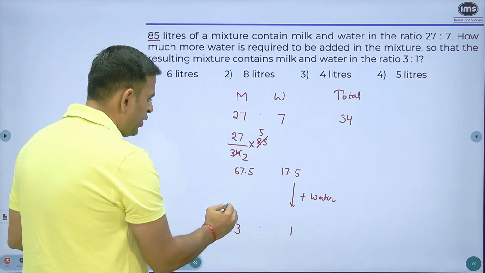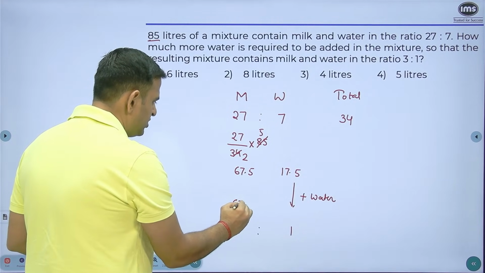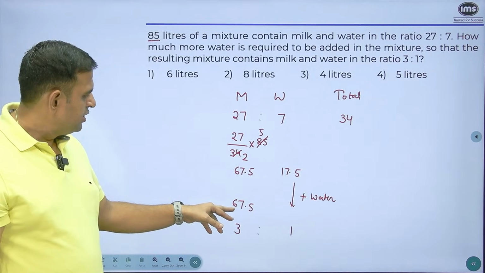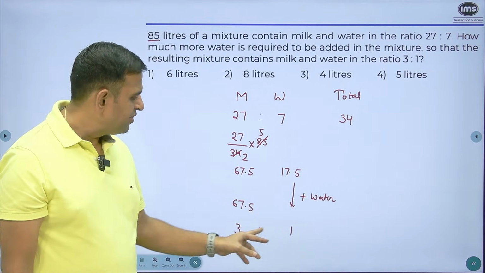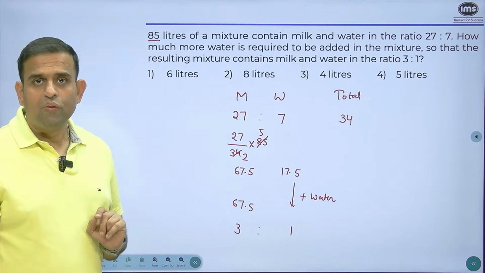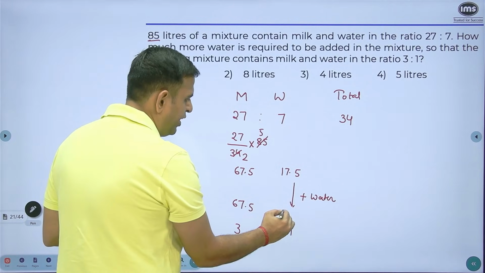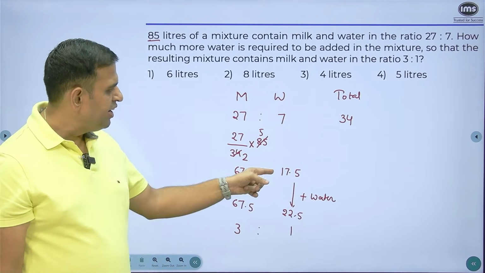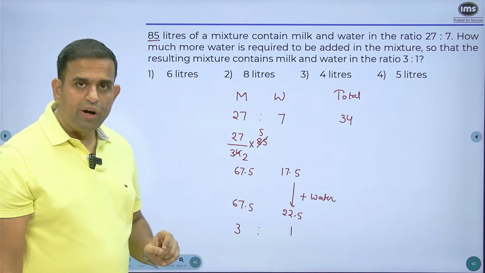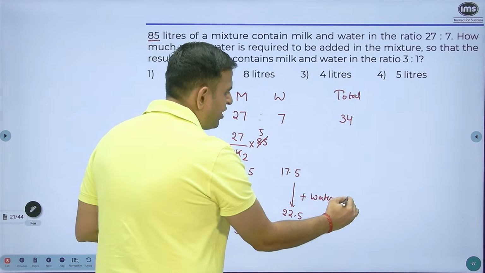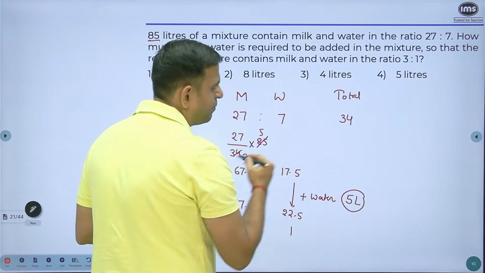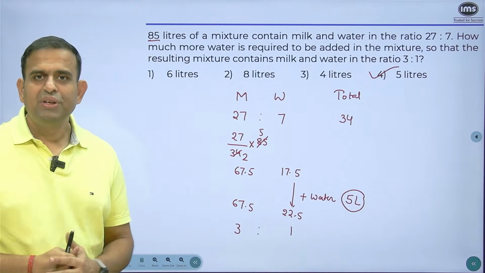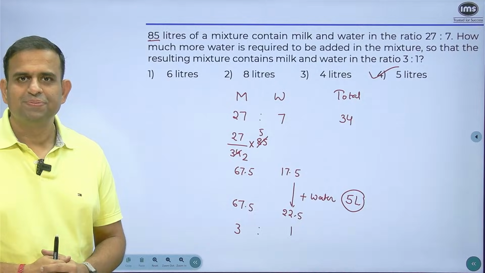So the quantity of milk will remain 67.5. Then the water part definitely has to be 1/3 of this number, giving you 22.5. So from 17.5 to 22.5, you must have added 5 liters of water. And hence, option number 4 must be the answer for this particular question.